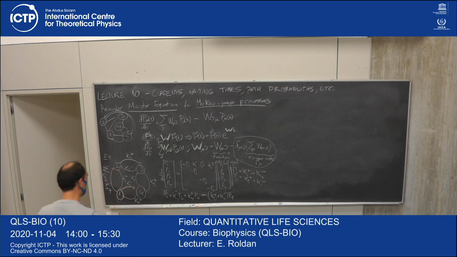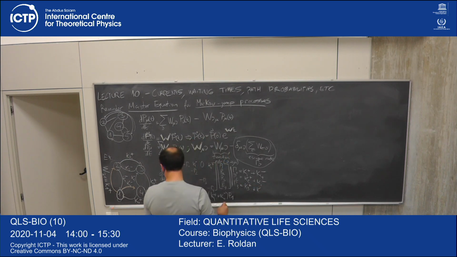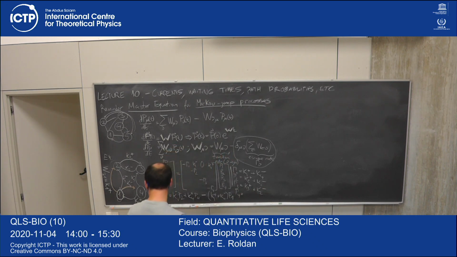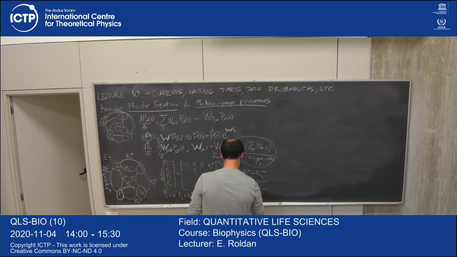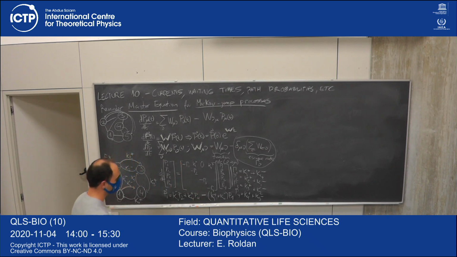So gamma 3 is K3 plus K2 minus. And gamma 4 is K4 plus K3 minus. So this comes in the diagonal, all of them. Be careful, this is different to the Markov chain. This is a continuous time Markov process.